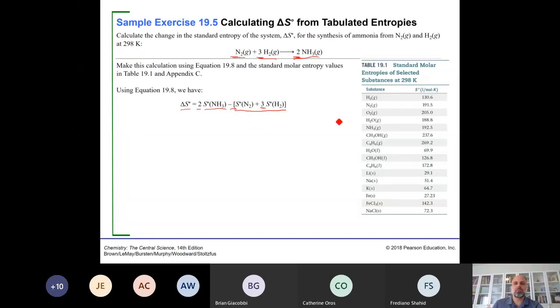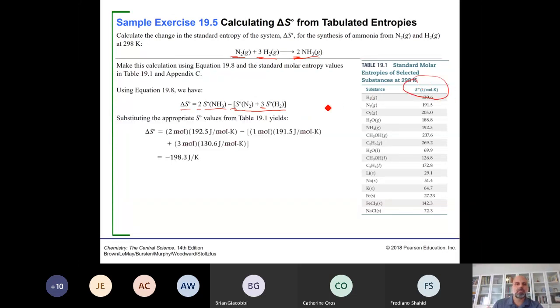Now we're going to get our entropy values from the table and plug them in. 2 times 192.5 minus the 1 times 191.5. Those are just the numbers right here. Oops, I covered it over.